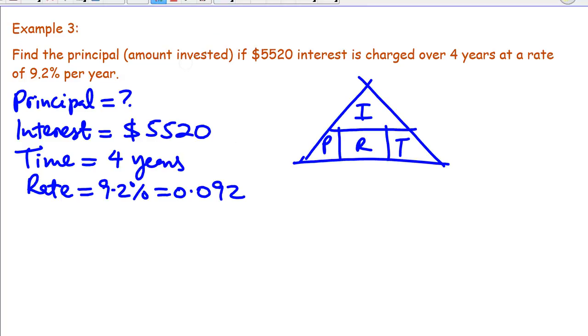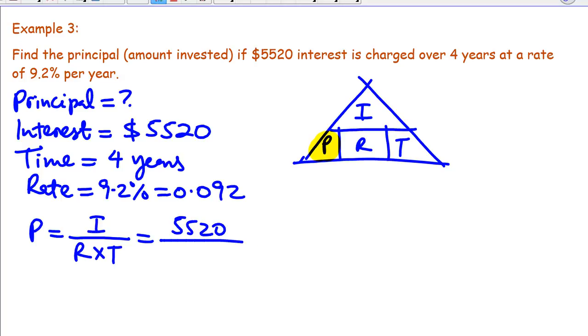Remember, what you're looking for is the principal, so cover that, which means that the formula you're going to use is P is equal to interest over R times T. Now, if you plug in what you have, the interest here is 5520, the rate is 0.092, and the time is 4. If you plug that in a calculator, you'll end up with 15,000.